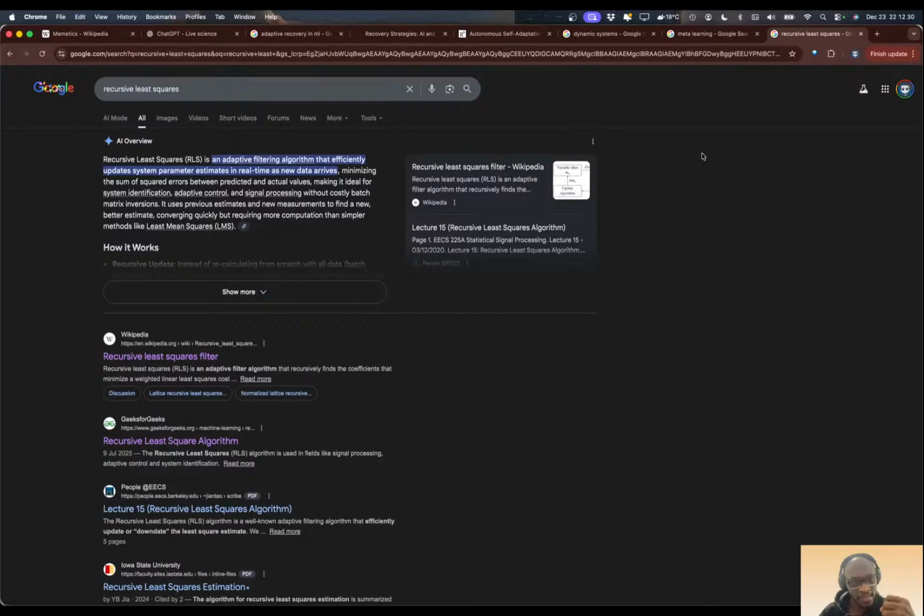Meta learning is how a system learns how to learn so that it can do an online learning process. It keeps learning throughout as it adapts.